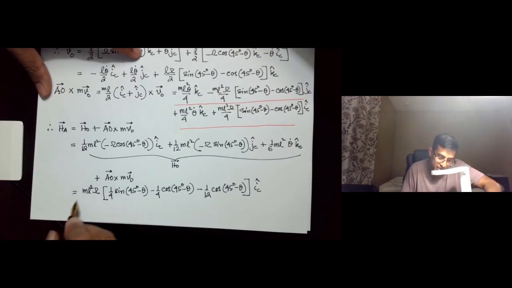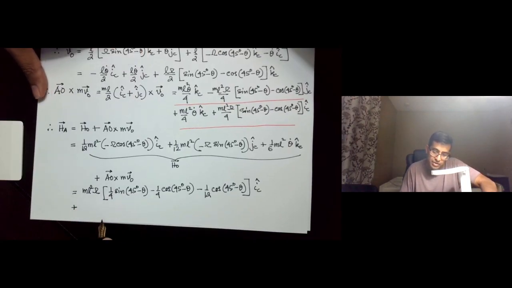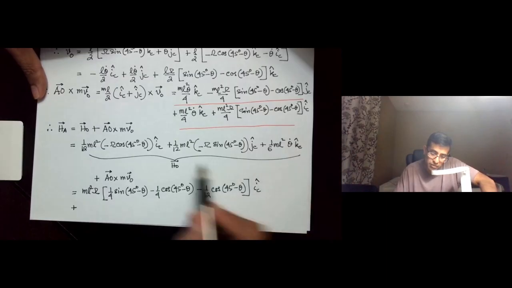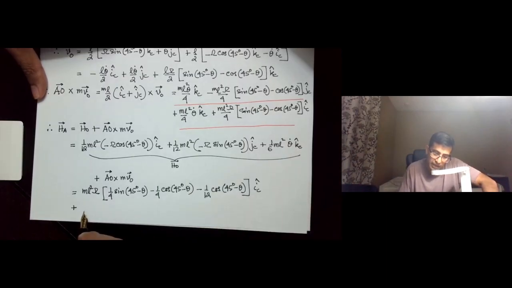The next term is going to be the term in the JC direction. So again we take this JC component, we take this JC component, and we add them together. It looks like it's going to be a negative term overall.